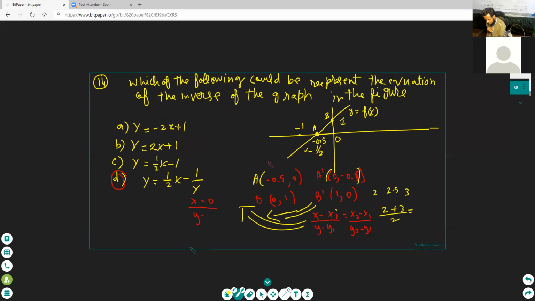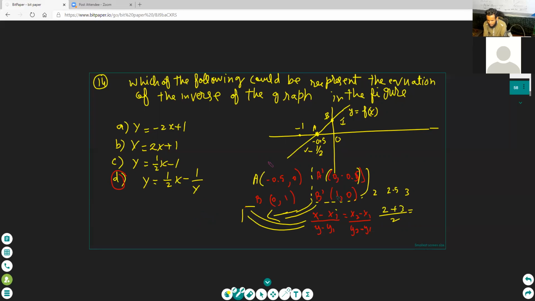Good. y minus 1, equals x2, which is 1, minus 0, over y2. You put these values. Use these values, the prime points, x minus x1, 0.